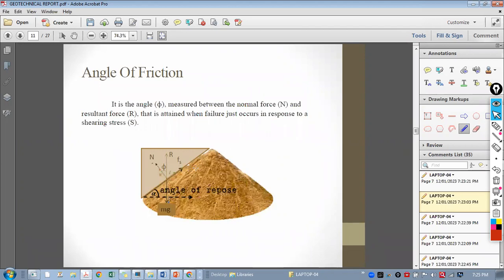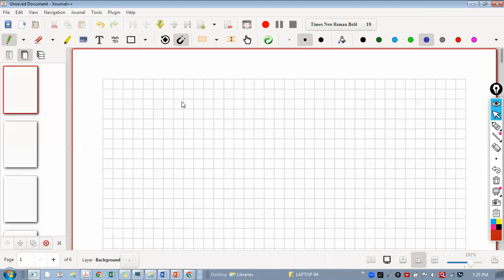So I will tell you one more thing. Can anybody tell me, on the retaining walls, why do we get the pressure of the soil? Why do we provide retaining walls?